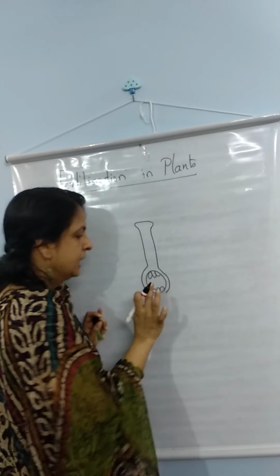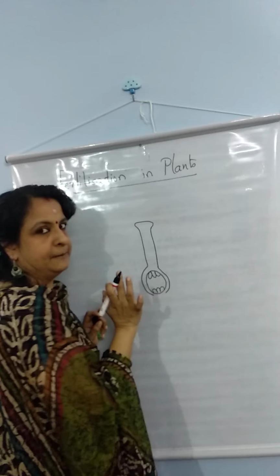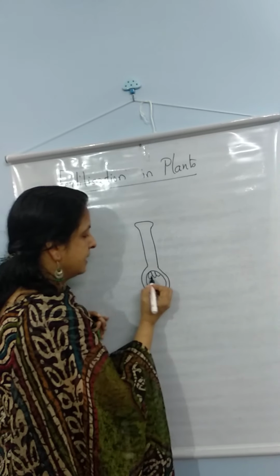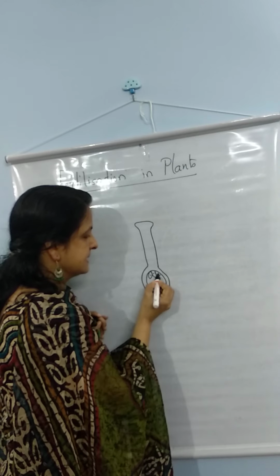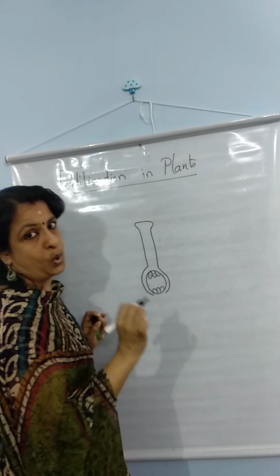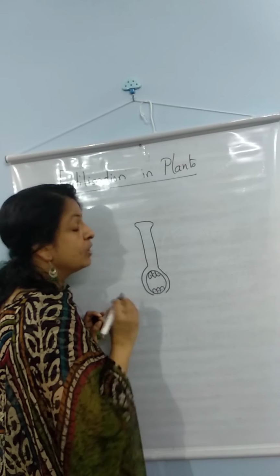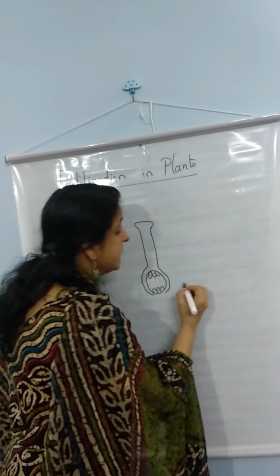One ovule. This ovule has 7 cells. Here are 3 cells called antipodal cells. Here there are 3 cells. We call it together the egg apparatus.